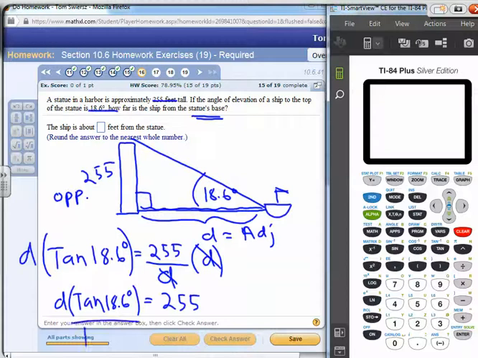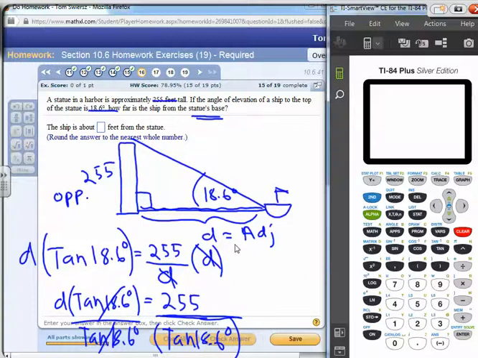Then we divide by the tangent of 18.6 degrees. That will cancel, and D will equal that. So again, be careful. It's 255 in the numerator divided by the tangent of 18.6 degrees. You've got to get the order correct.